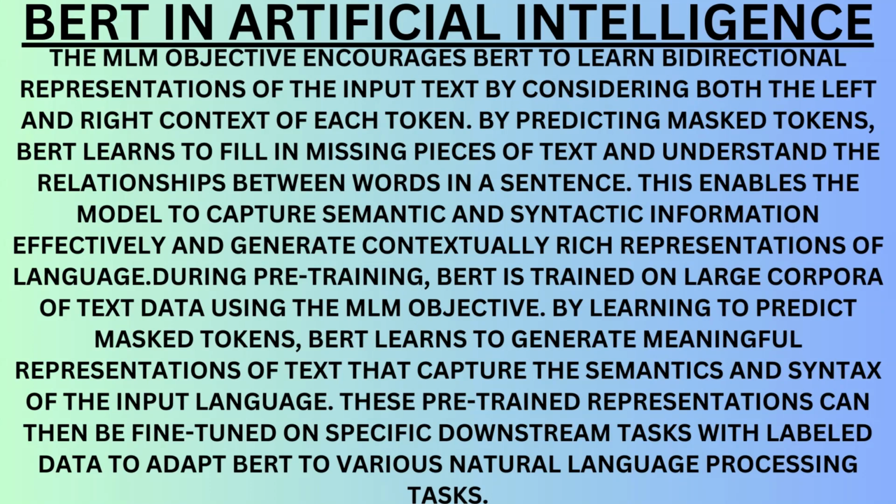By learning to predict masked tokens, BERT learns to generate meaningful representations of text that capture the semantics and syntax of the input language. These pre-trained representations can then be fine-tuned on specific downstream tasks with labeled data to adapt BERT to various natural language processing tasks.